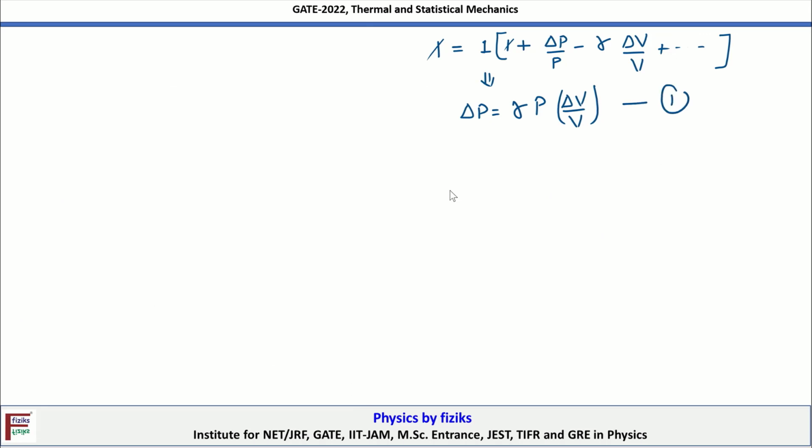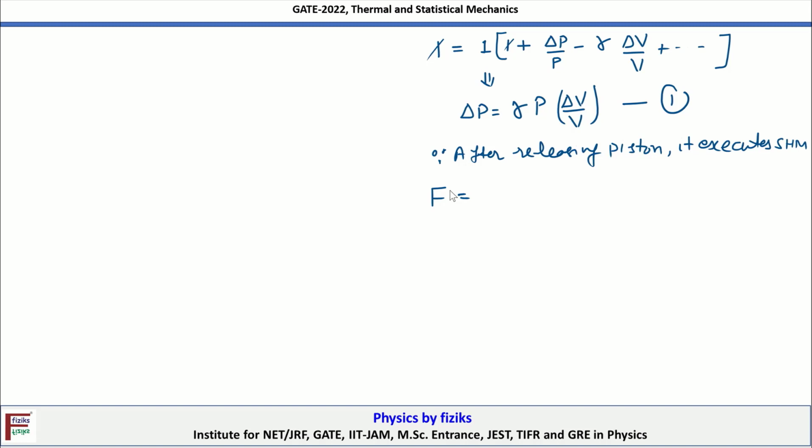Now it's given that after releasing the piston it executes simple harmonic motion. The force that we are applying, we can compare with the restoring force.